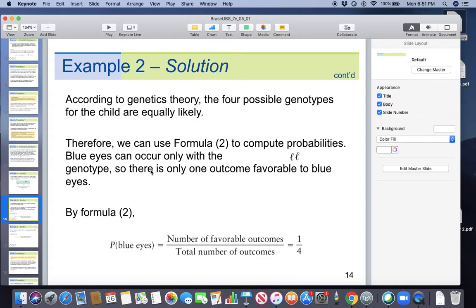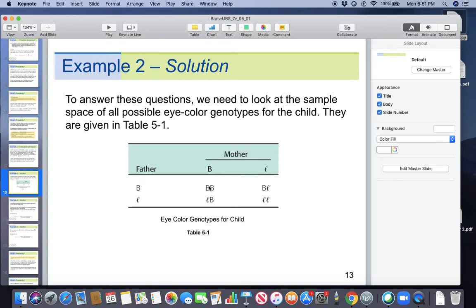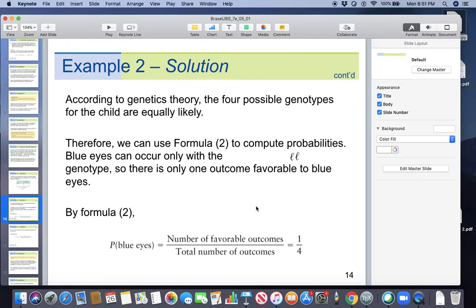To compute probabilities, blue eyes can occur only with the blue-blue genotype. So father has brown, mother has brown. Father has brown, mother has blue. Well, you want both the parents to pass on blue for the eye of the child to be blue.